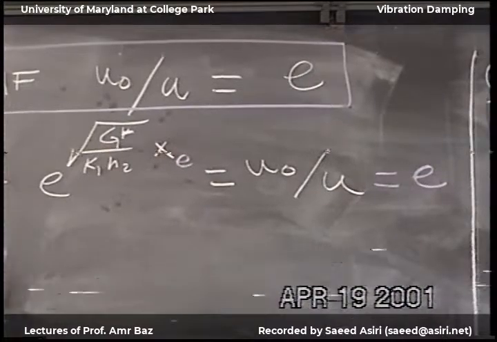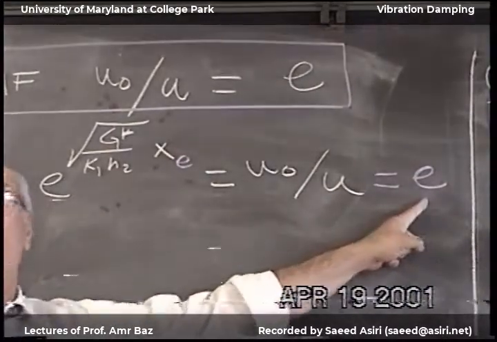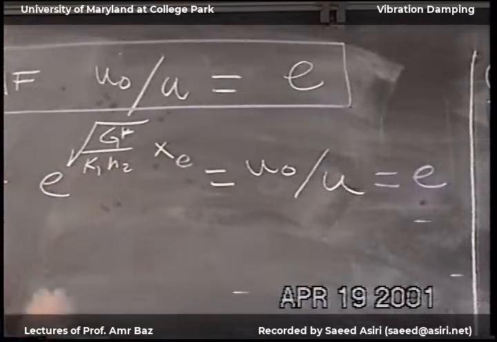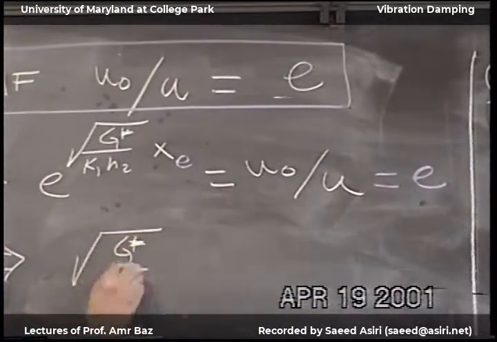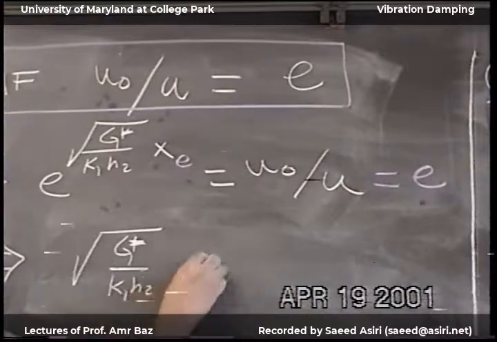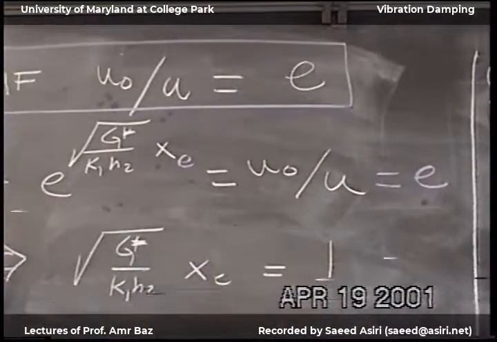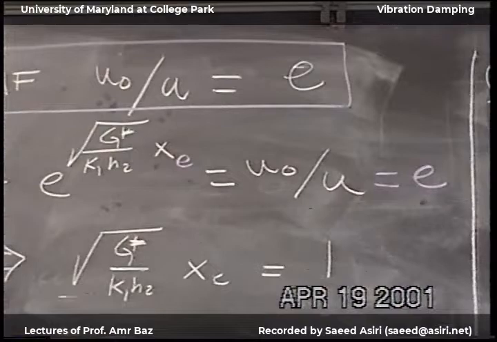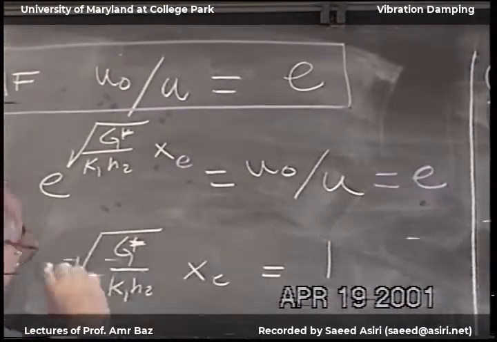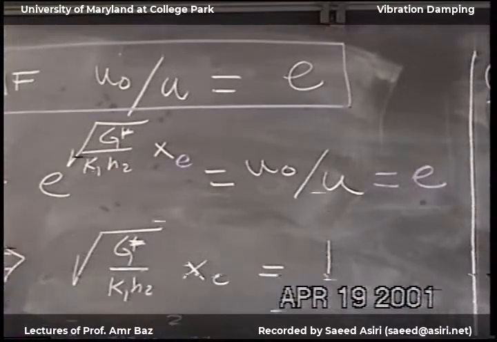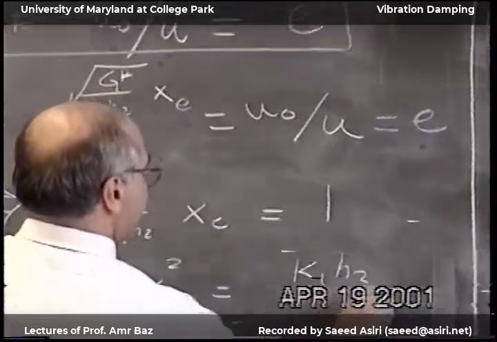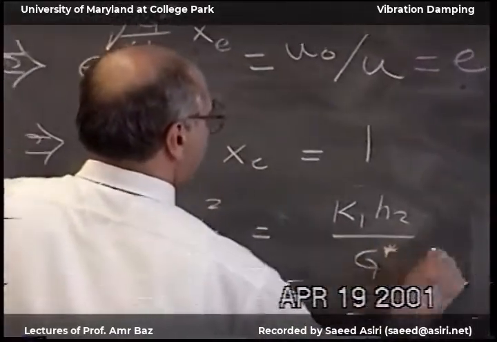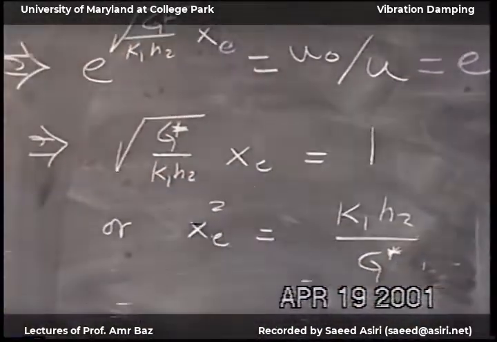Now if you look at the exponential here and here, it is satisfied when the square root of G asterisk over K1 H2 times XE is equal to 1, or XE squared will equal G asterisk.